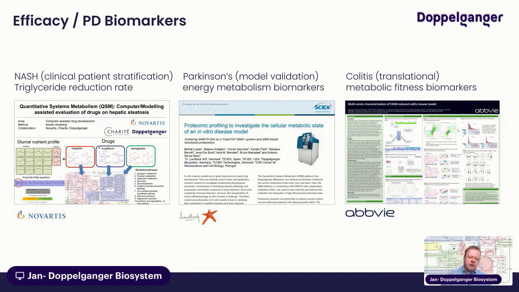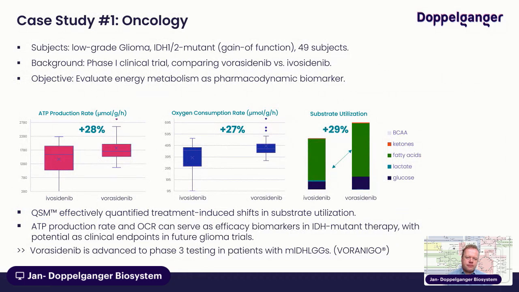This was kind of a model validation project, and we've pretty much focused on the energy metabolism in that project. And the colitis, again, is a translational project where the sponsor ran a mouse model. The question was, how much is the mouse model really reflecting the situation in chronic colitis patients.